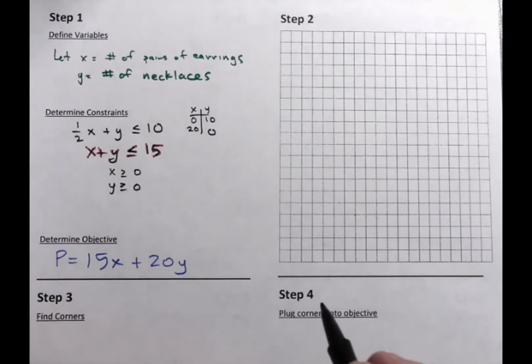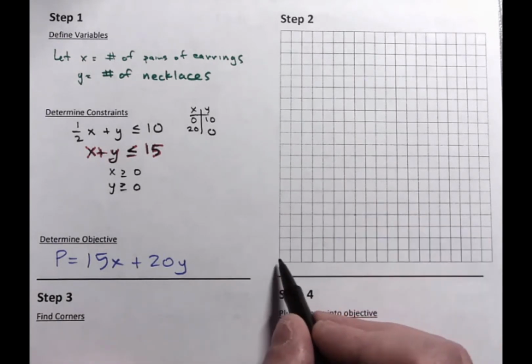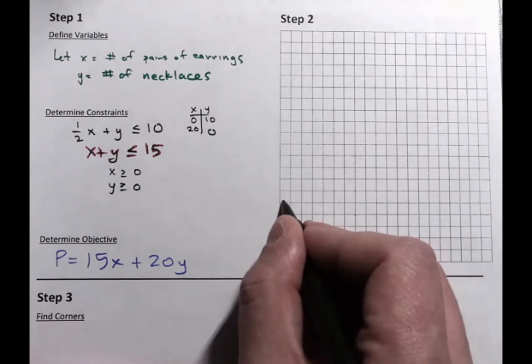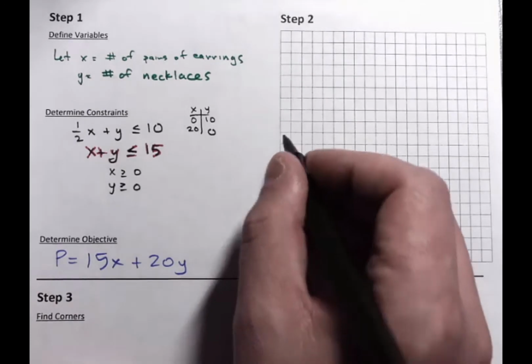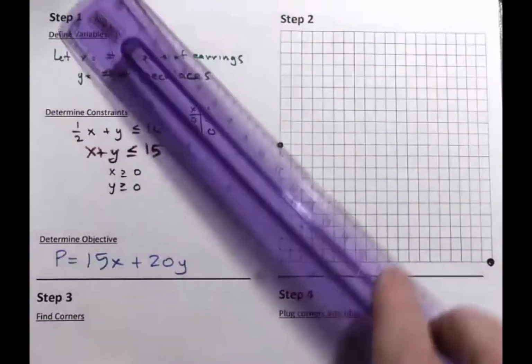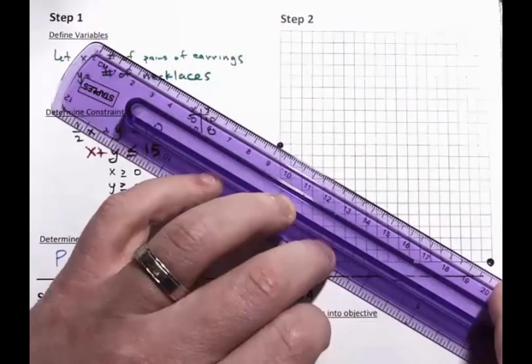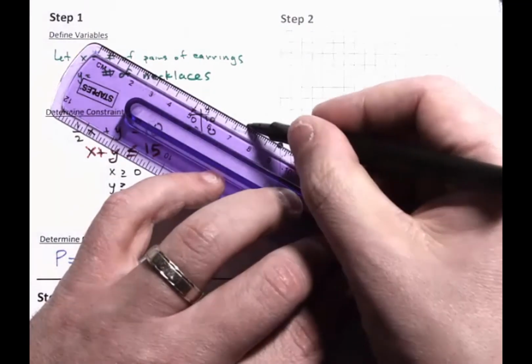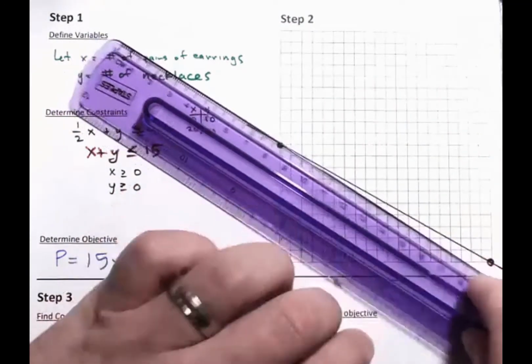So coming over to the grid, this is a 20 by 20 grid, so I need to go up to (0, 10), and (20, 0), which would be located out there. Now, connecting those, there is our first line.